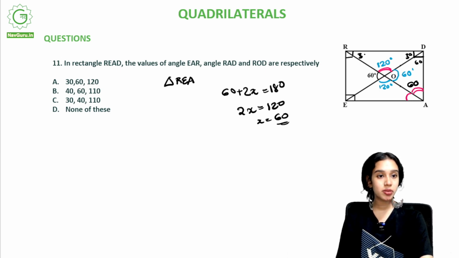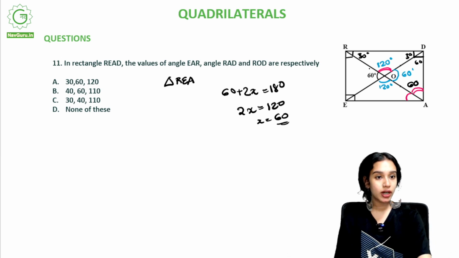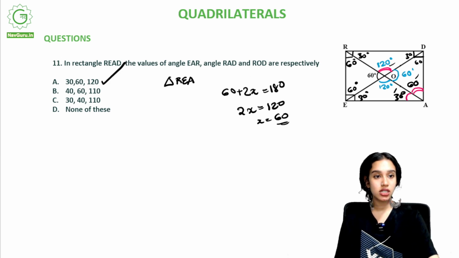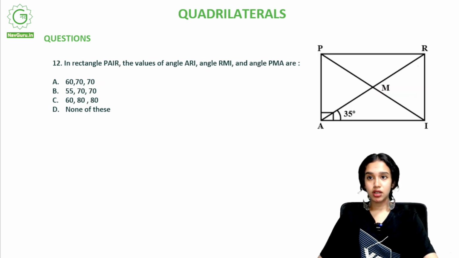So this would also be 30 degrees according to the 180 degree thing. If this is 30, this would be 60 degrees. And if this is 60, this is 60 degrees again. So this is 120, this is 30 degrees. So we have 120, 30 and this would also be 30 degrees. So our answer is 30, 60 and 120. The answer for this question is 30, 60 and 120.